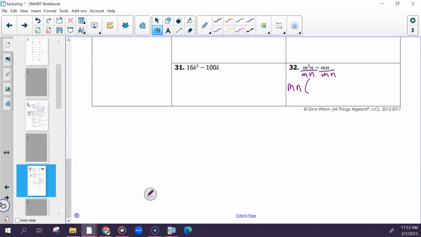How many M's would be left if we had 3 and took one out? 2. Would we have any N's left there? No. If we had negative Mn and we divided it by Mn, what would be left?